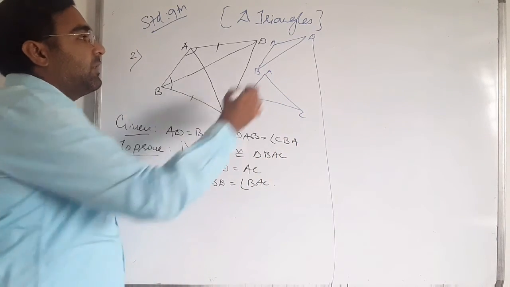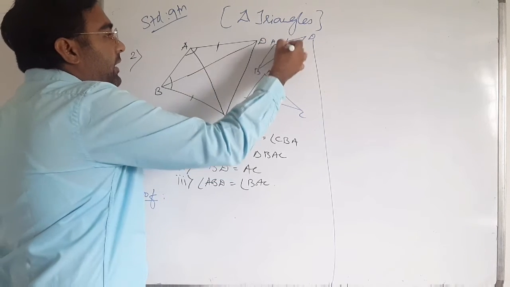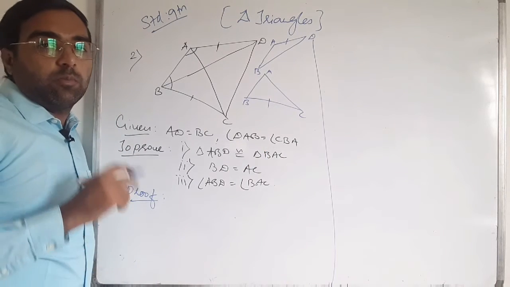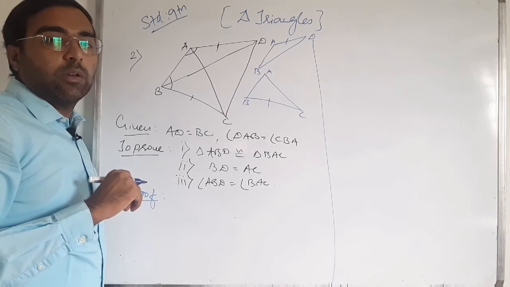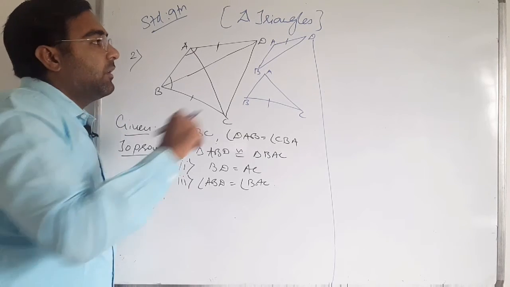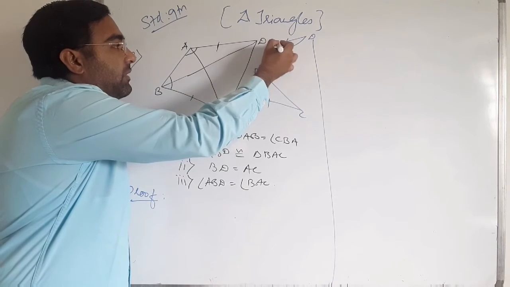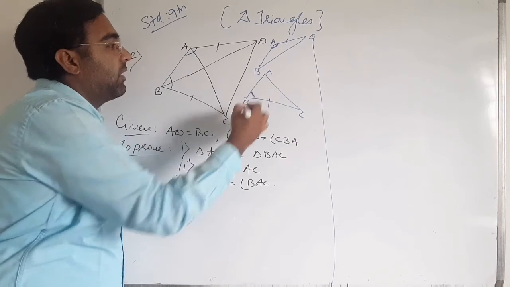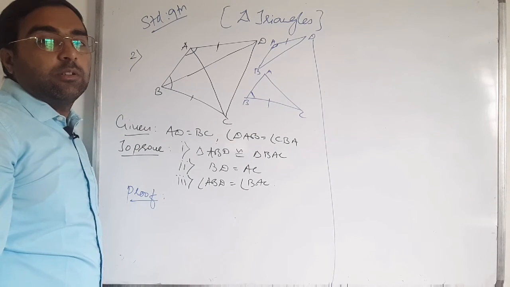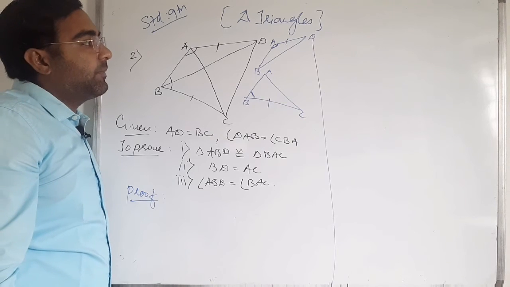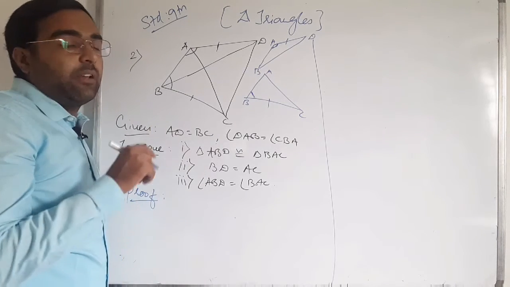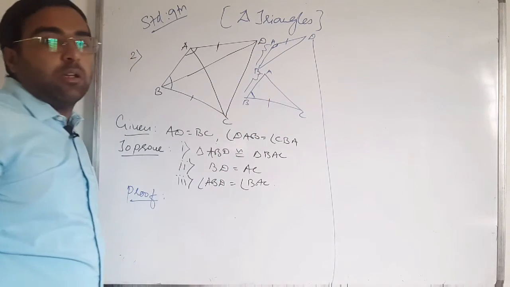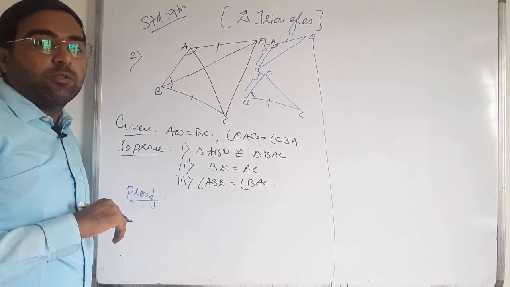Here you can see that AD is equal to BC, two sides equal, given. Second, angle BAD is equal to angle ABC. Here also AB is common in both of the triangles.